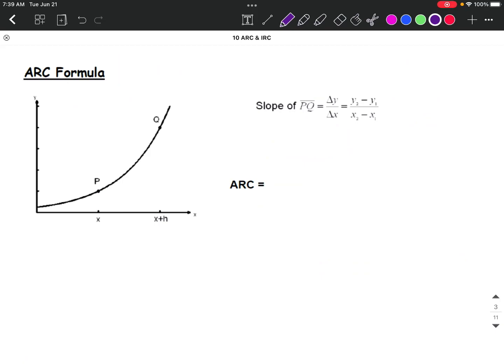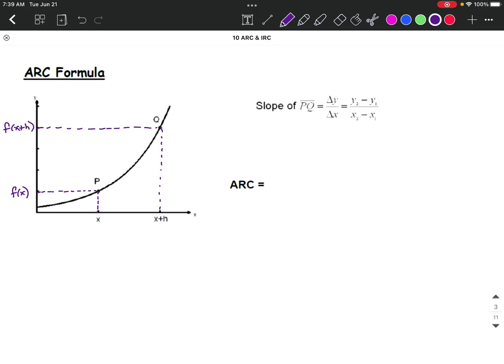So for any given function, when we don't know what the function is, we have this x value here, and it has a matching y value, which we call f of x. We have another x plus h, which has a height of f of x plus h.